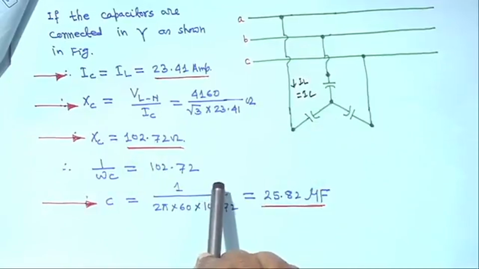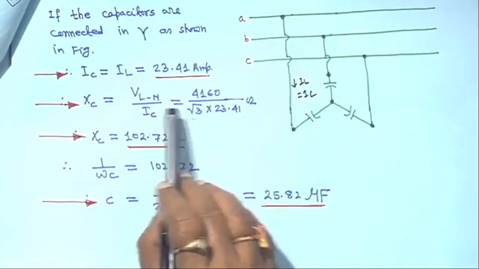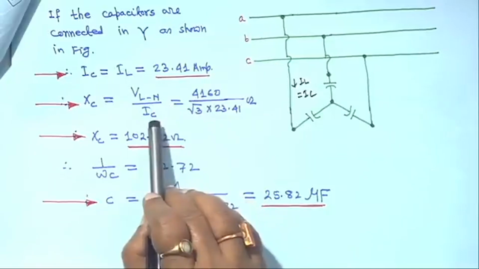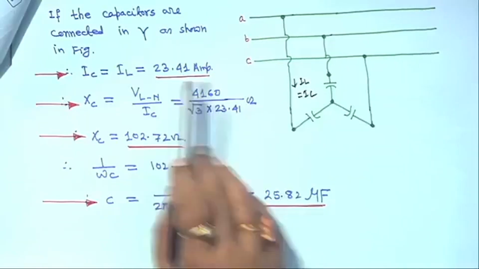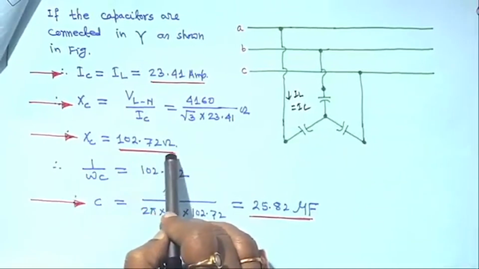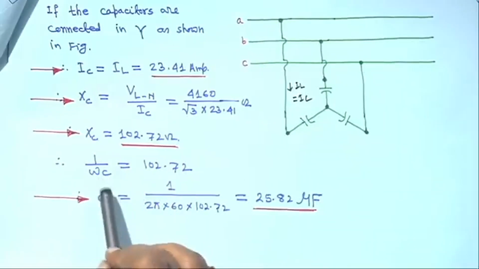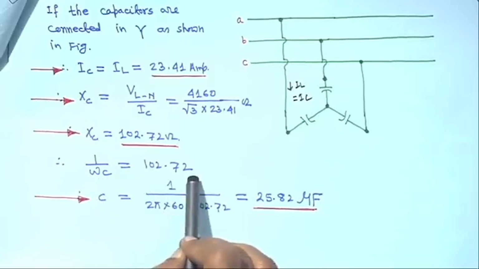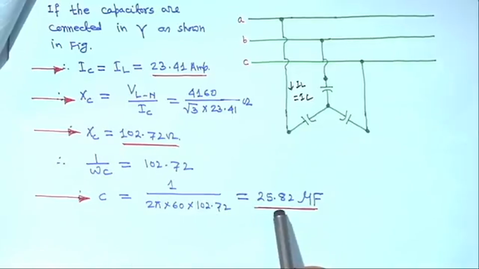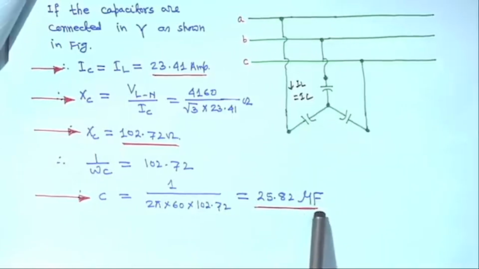So V line to neutral is equal to 4160 by root 3, and IC is equal to 23.41 ampere. So Xc will be 102.72 ohm. Again Xc is equal to 1 upon omega c, 102.72, and it is a 60 hertz system. So C will become 25.82 microfarad.